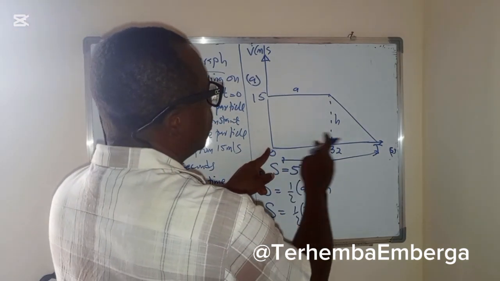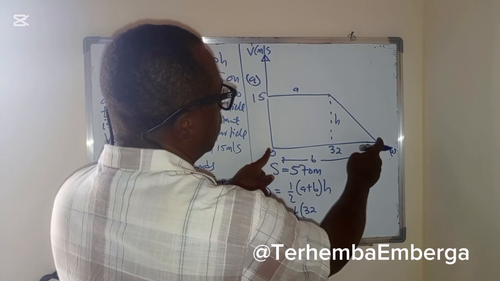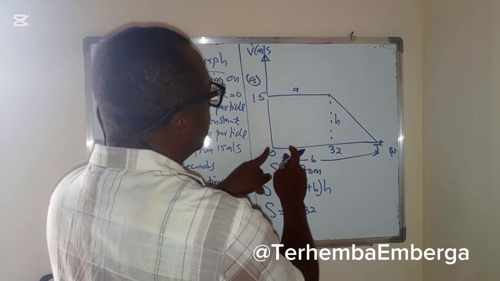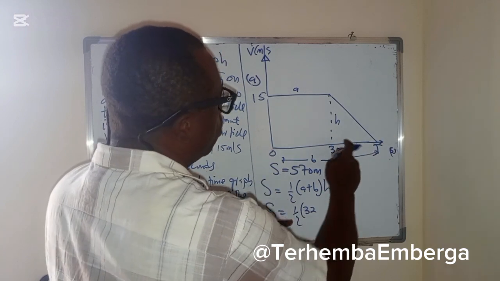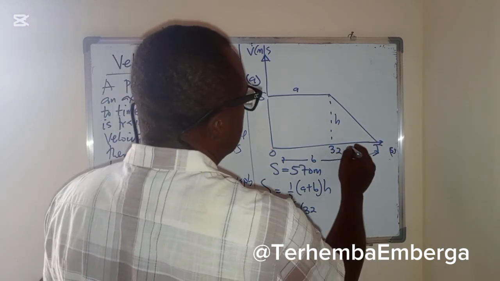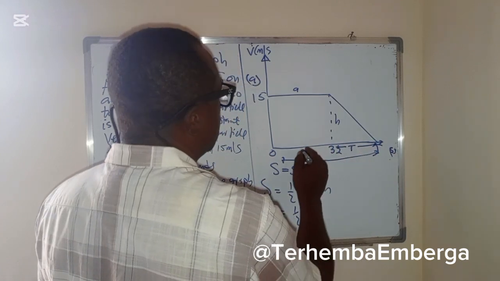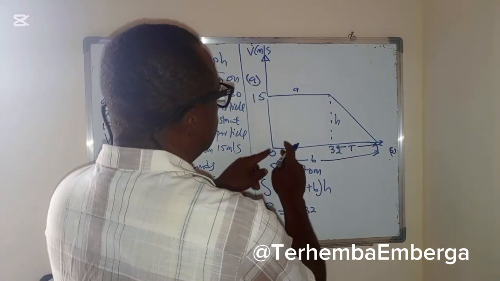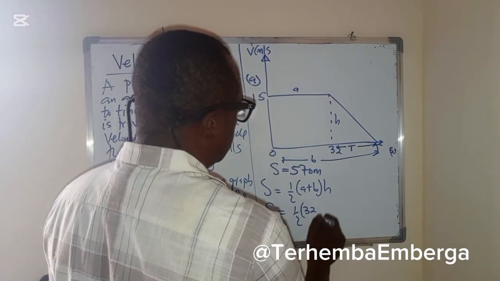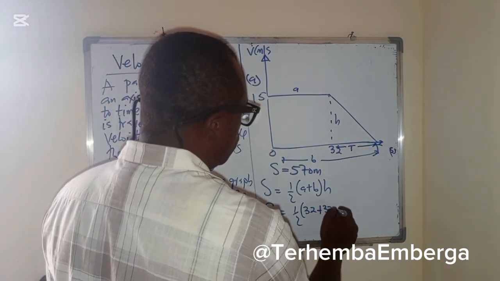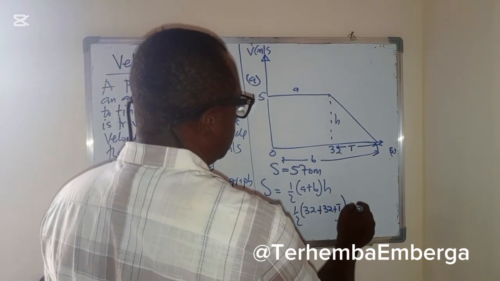If from here to here is 32, and from here to here is t, then the distance from this end to this end will be 32 plus t. Remember, the distance from here to here is t, from here to here is 32. So the total distance from this point to this point will be 32 plus t, times the height, which is 15.